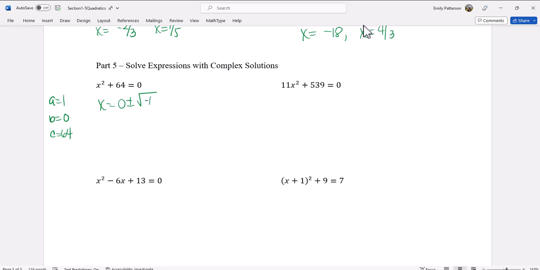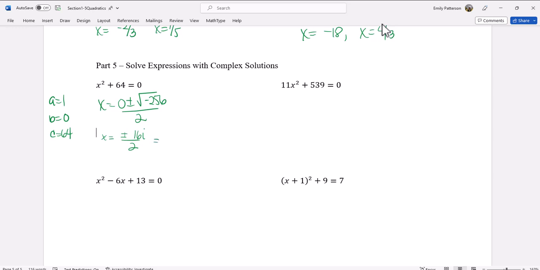And what you're going to have is x is equal to 0 plus or minus the square root of negative 64, excuse me, sorry, negative 256, all over 2. When you simplify that radical, this is going to be plus or minus 16, but don't forget the i, because we had a negative under the square root.